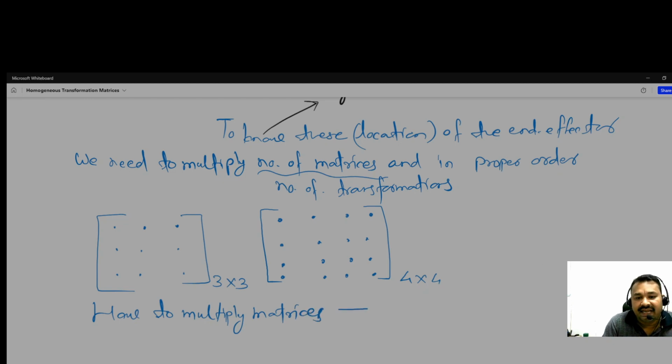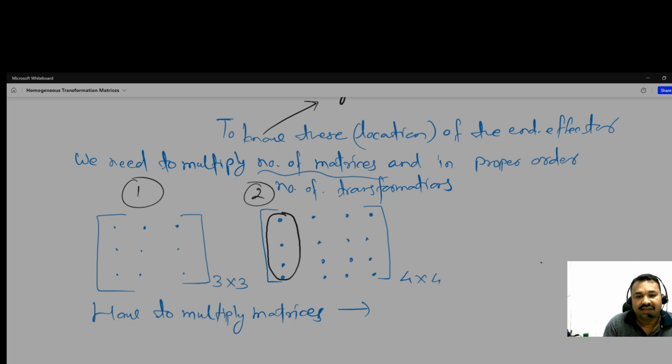So for that, suppose I am selecting the column of matrix 2. This is the one matrix, this is the second matrix.